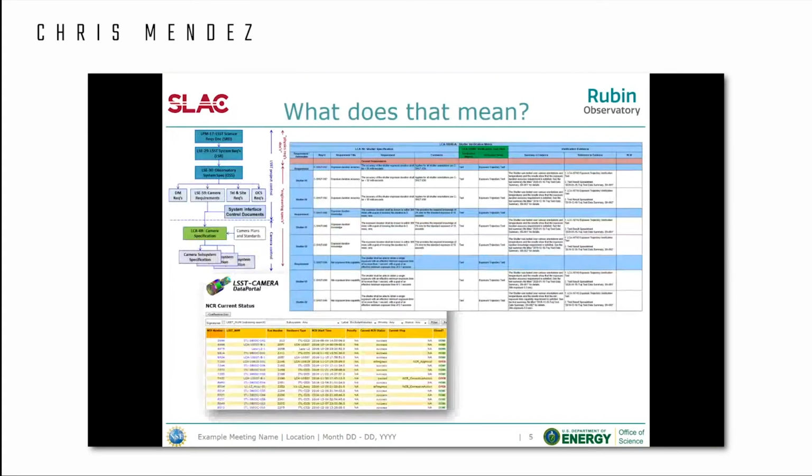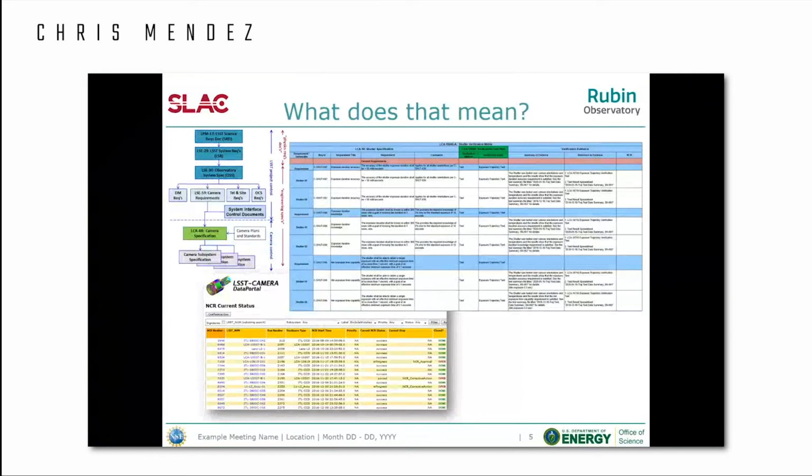I'm going to start off at the top left here. This image shows camera requirement flow down, starting all the way at the top from project requirements down to the camera subsystem specifications.